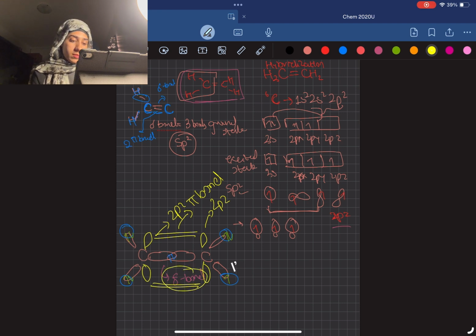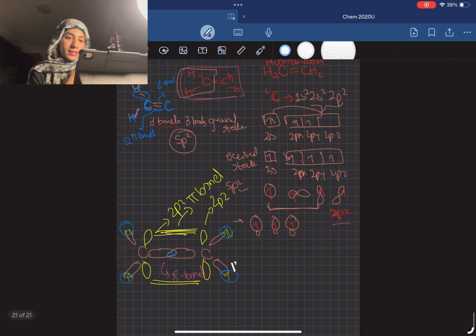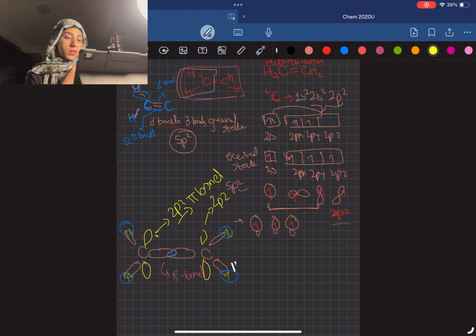So this is my sigma bond, and for the pi bond, they overlap each other, and it's parallel. So this is how it looks. This is my pi bond. It's just one. Don't get misled by these lines that I made. It's just showing the bond, but it's just one pi bond that it's making. So this and this together are just making one pi bond.